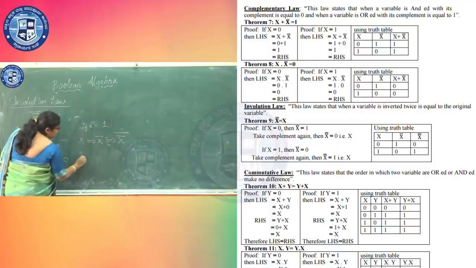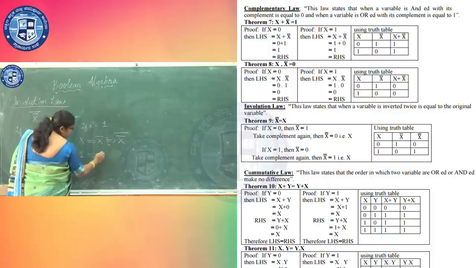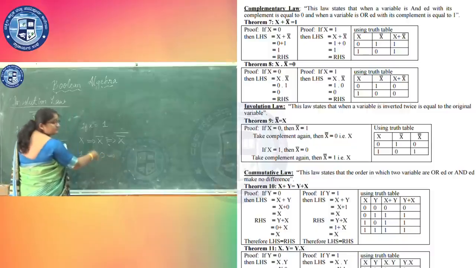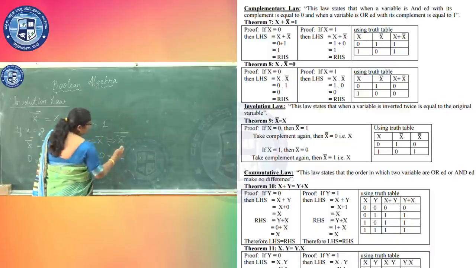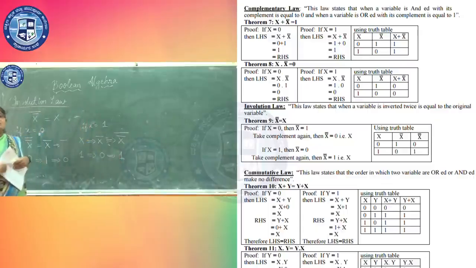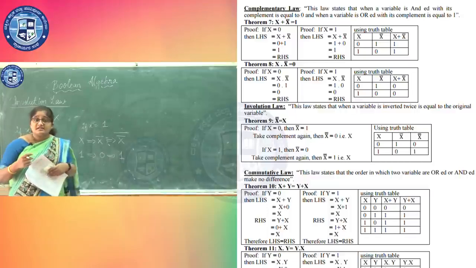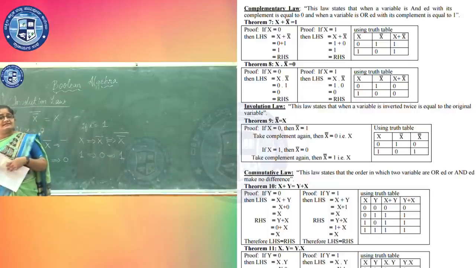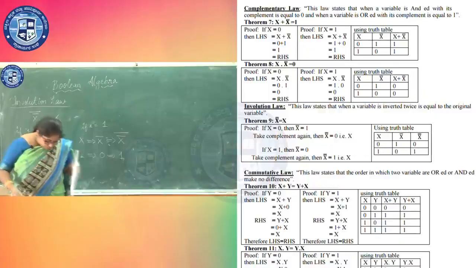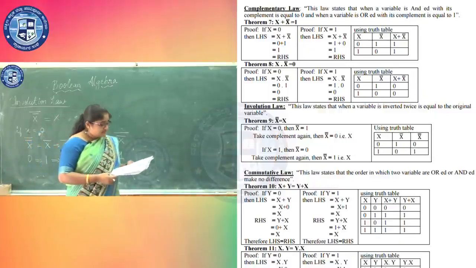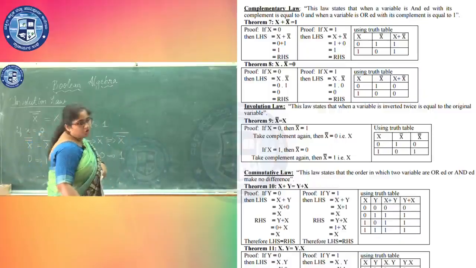The x value is 1. Once it is inverted, it becomes 0. Again the 0 is inverted, it takes the value 1. So any variable, if it is inverted twice, will take its original value. Next we have the commutative law.